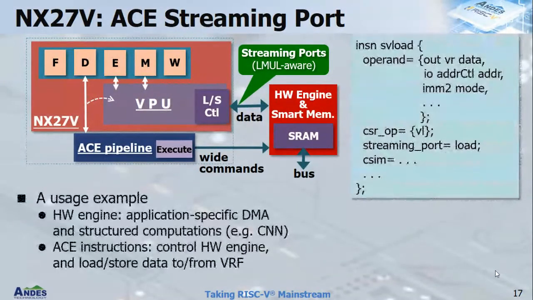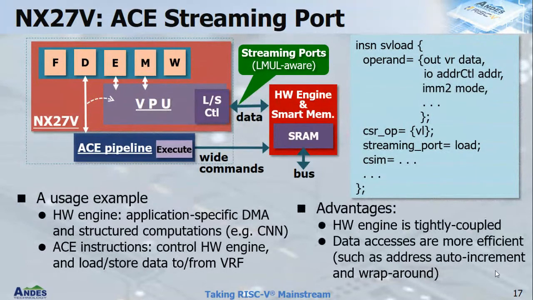So why should you have a streaming port? When you have a load store instruction, it goes over the standard bus from your CPU, and it needs to share that with loading all the instructions for the CPU. With the streaming port, with this custom load store, you can have a faster load store.